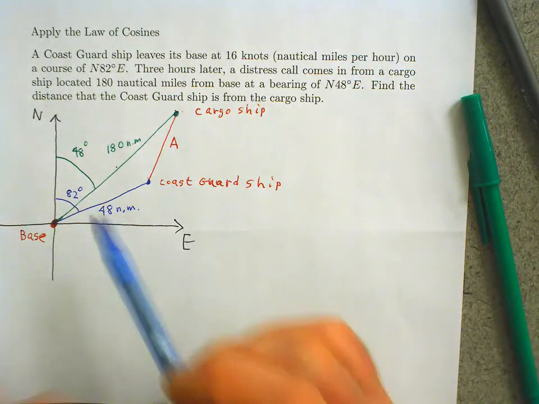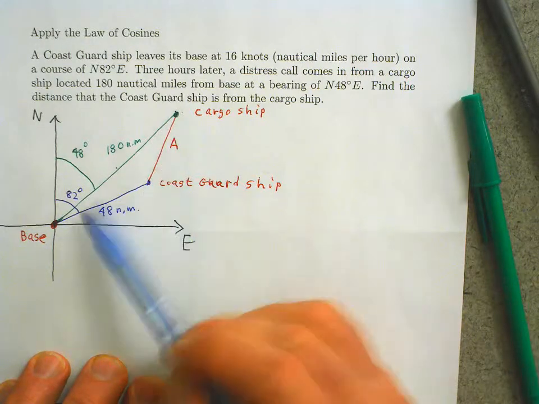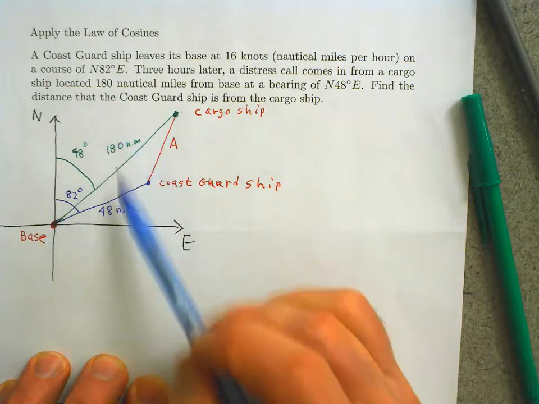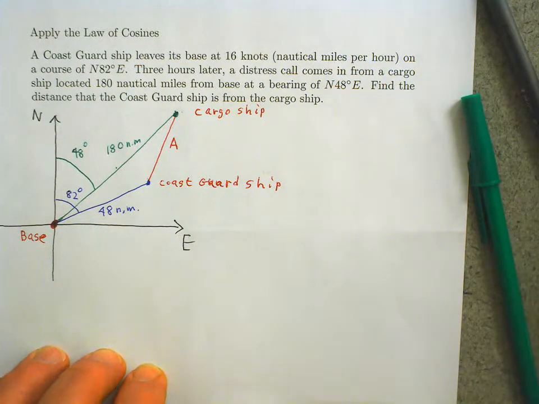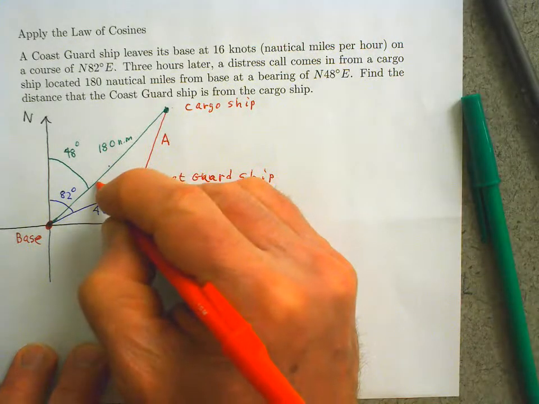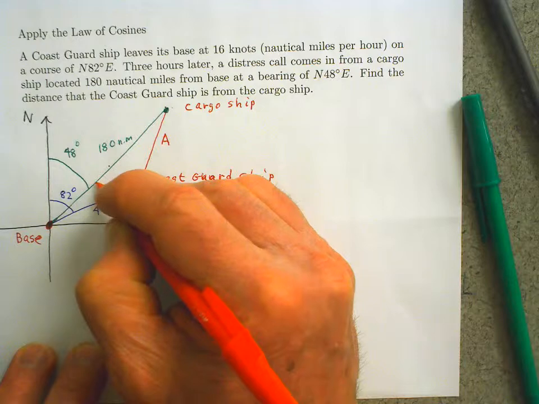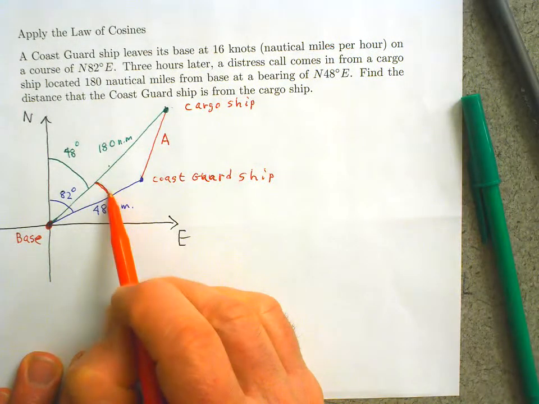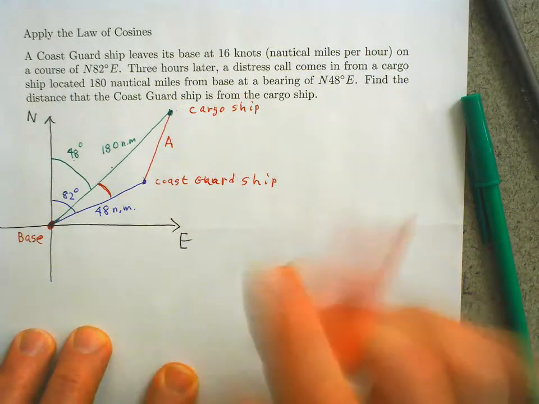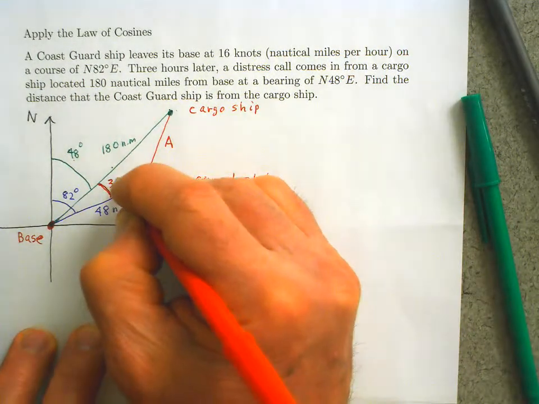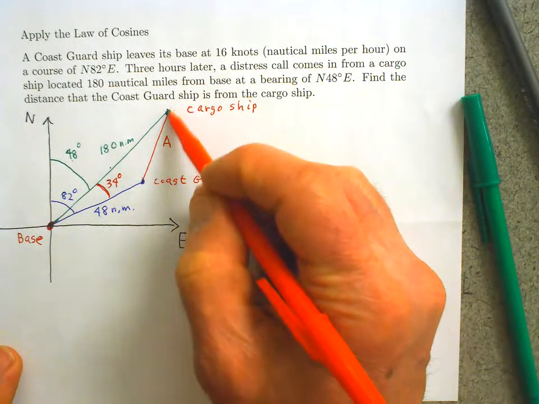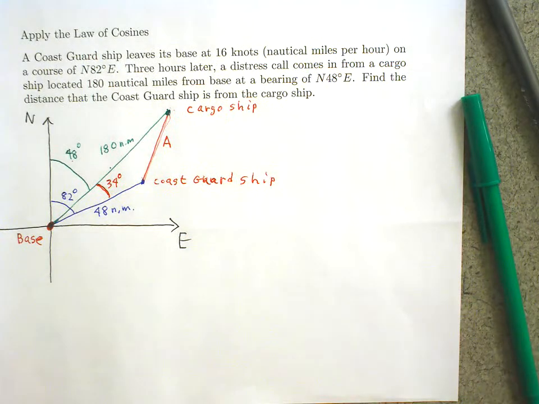Okay, well, in this triangle, the one with this green side, red side, and blue side, we know the lengths of two of the sides, and we can also determine the measure of this angle. This measure should be the difference of 82 degrees and 48 degrees. So that is 34 degrees. So we can find this side by using the law of cosines.